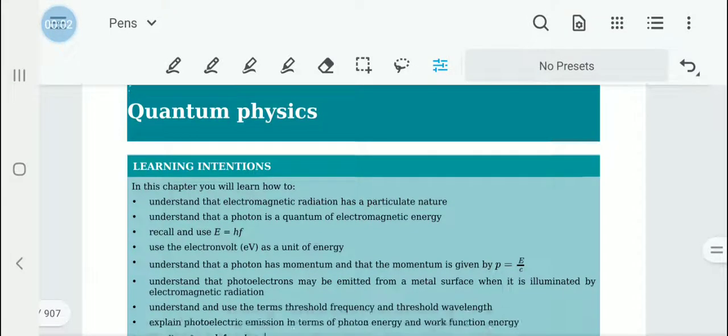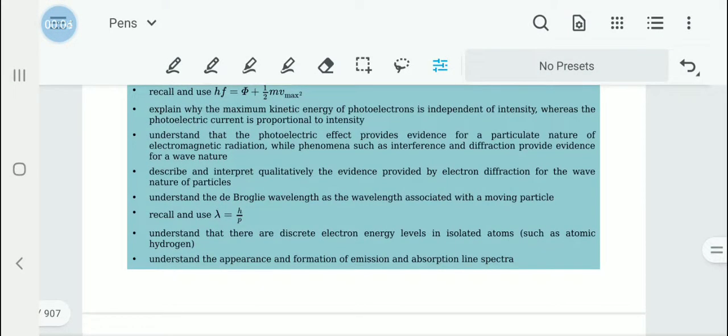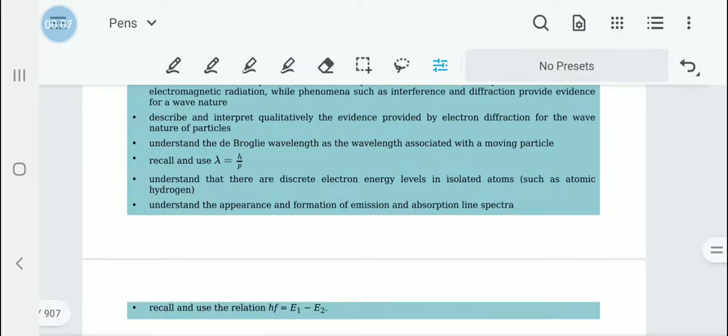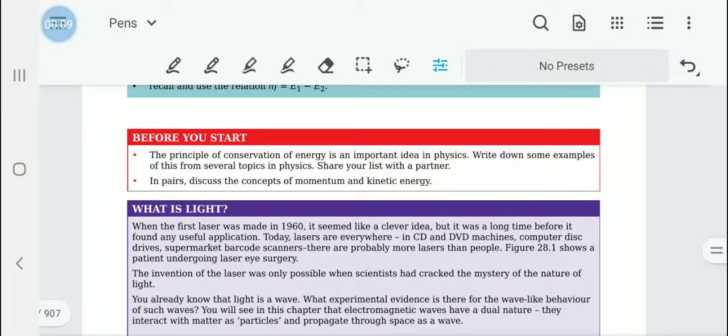Physics chapter 28 theory video 1, we are going to learn about quantum physics. This is actually one of the key parts of physics, and many of the parts of it we are still trying to understand.